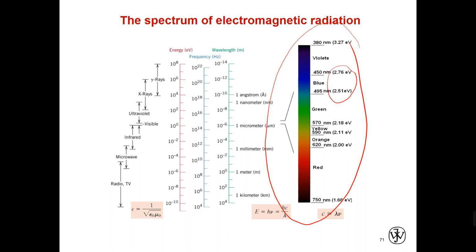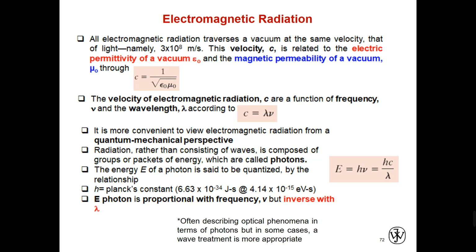We have an equation like this one: lambda is equal to c over v. From the range of micro to nanometer, we can see the difference in the wavelength, and on the left-hand side are the energy levels, wavelength, frequency, etc.